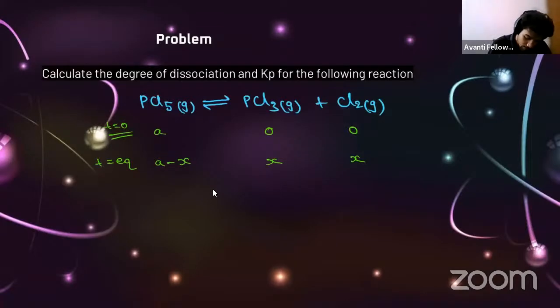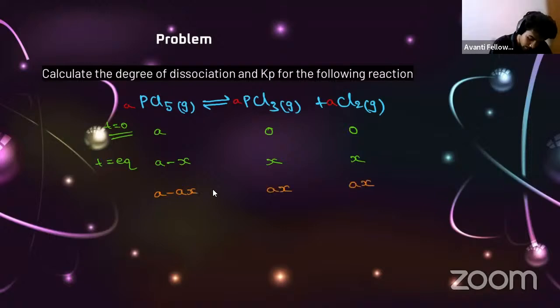If AX moles are formed, in N moles you are taking like that, A moles I am taking. So if you are taking A moles, then we'll be writing it as A minus AX and AX. Simple, right?